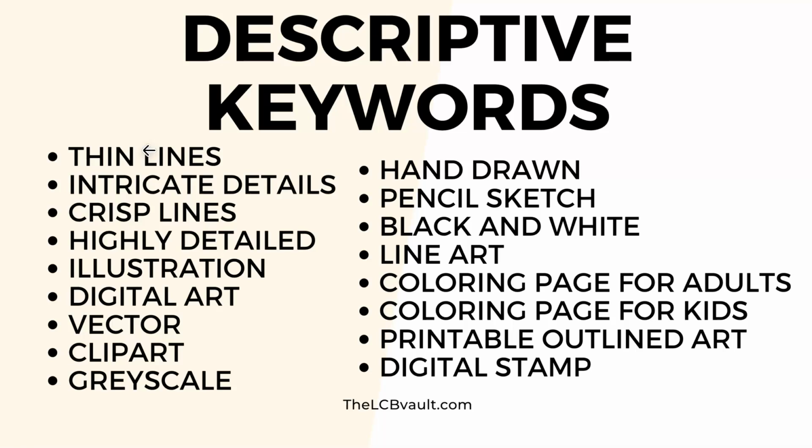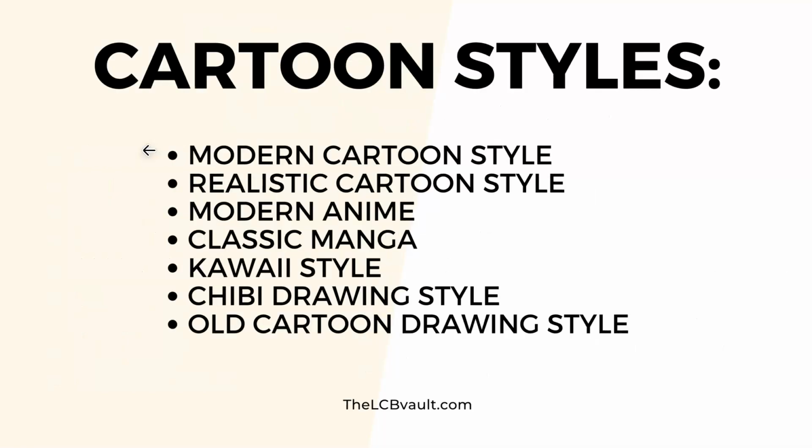So right here I have thin lines, intricate details, crisp lines, highly detailed, illustration, digital art, vector, clip art, grayscale, hand-drawn, pencil sketch, black and white, line art, colouring page for adults, colouring page for kids, printable outlined art, and also digital stamp. So these keywords in combination with these cartoon styles, you can make some really nice colouring pages.